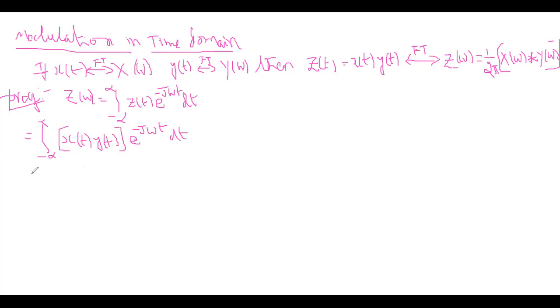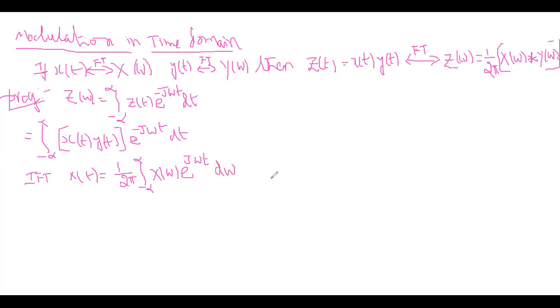Now, according to the inverse Fourier transformation definition, x of t is equal to 1 by 2 pi integral from minus infinity to infinity of x of omega into e power j omega t into d omega.